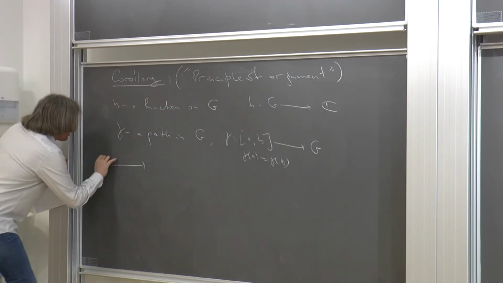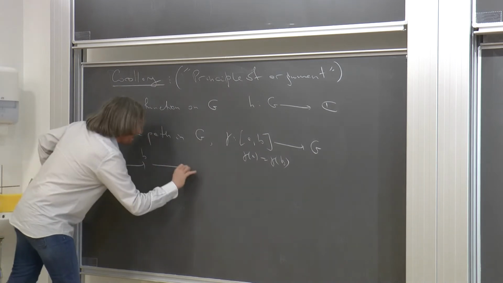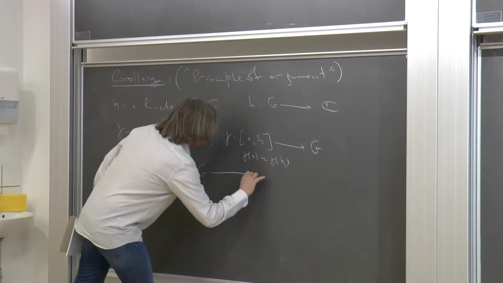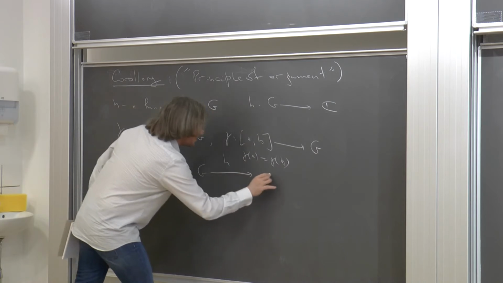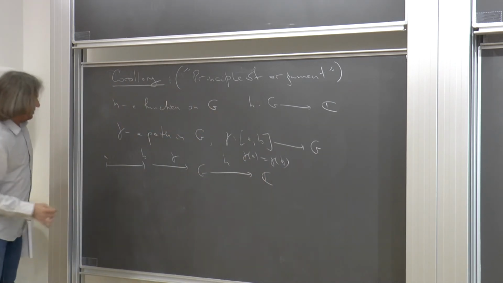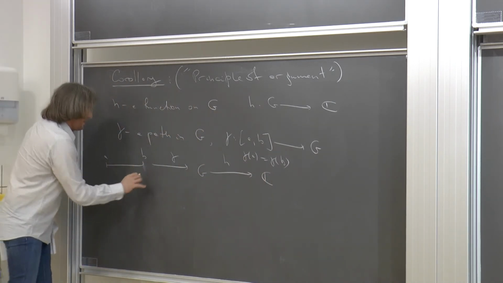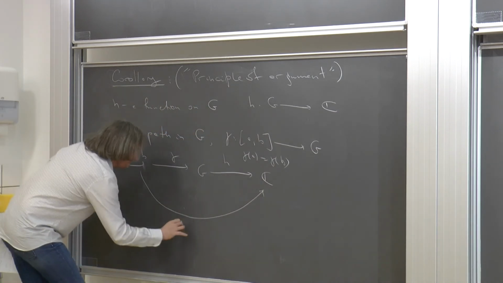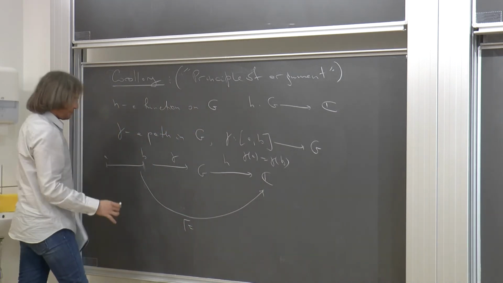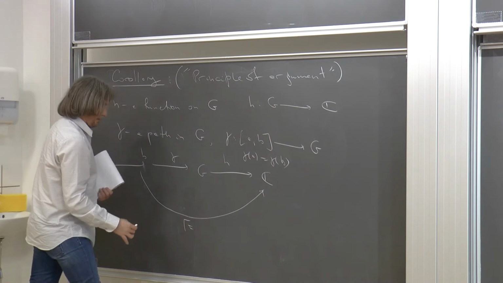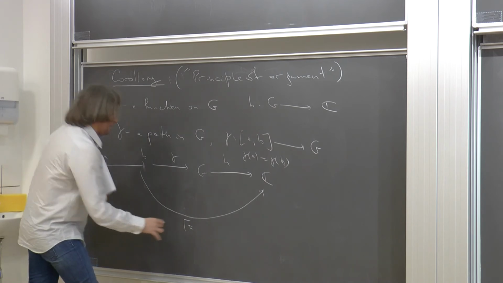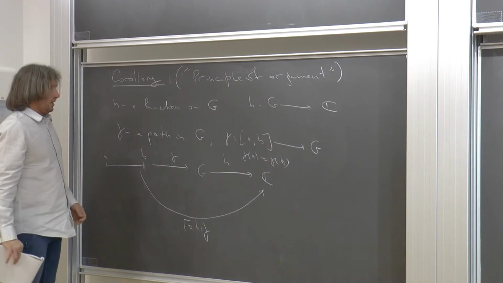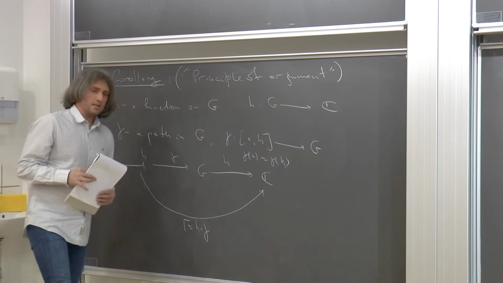So the original interval from a to b maps by gamma to G, and this maps by h to complex numbers. So in particular, I can consider the composition and call it capital Gamma. So let's see.